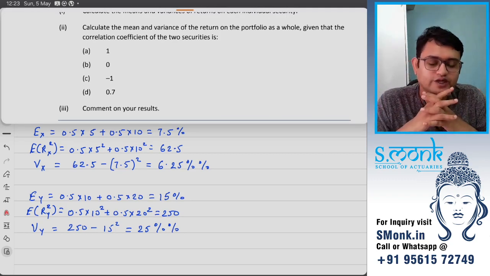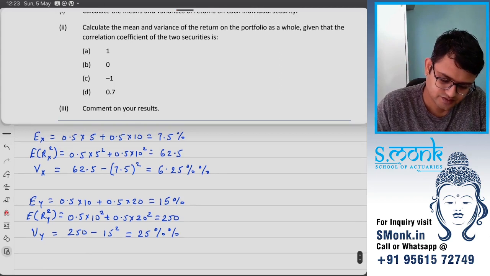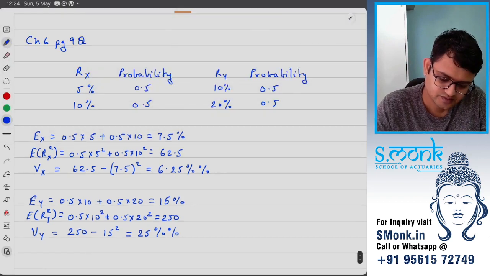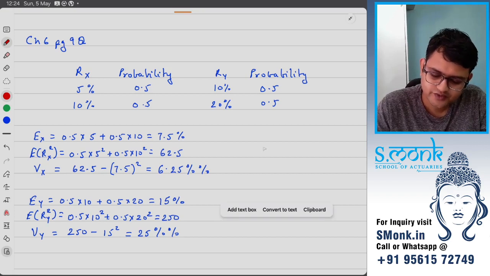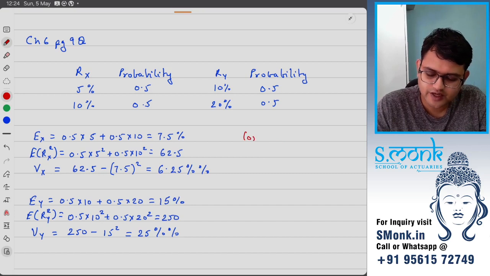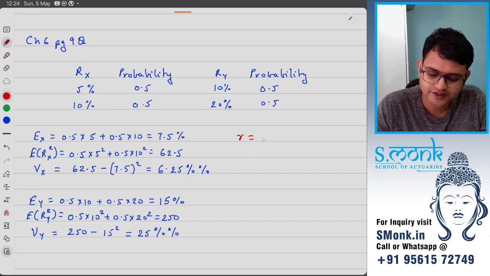So we know what a correlation coefficient is. We usually write it as R. You can write it as CORR if you want to. That is Pearson's correlation coefficient.